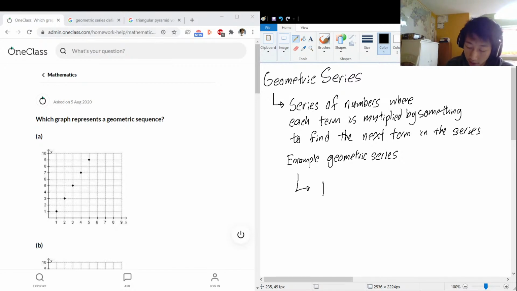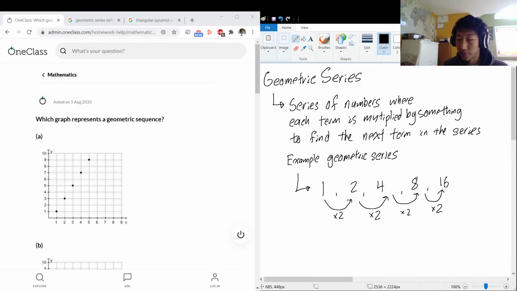Let's say we're multiplying by 2 every time, so we start at 1, times 2, we get 2. Multiplied by 2 again, that's 4. Multiplied by 2 again, 4 times 2 is 8. Multiplied by 2 again, 8 times 2 is 16. And on and on.